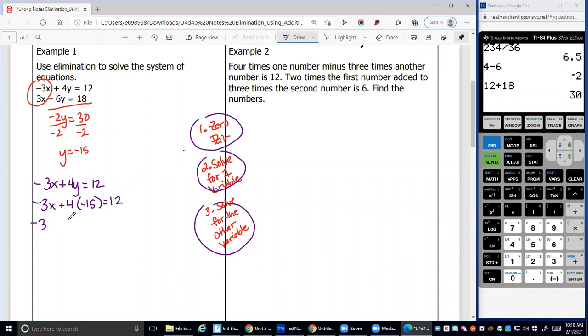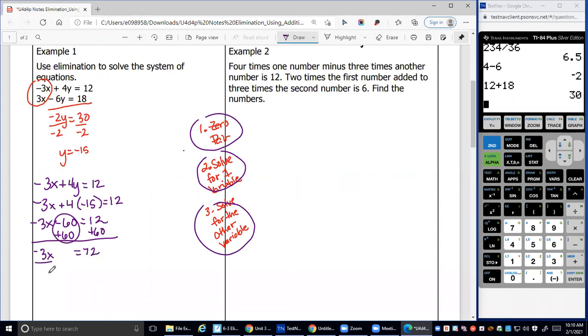That's negative 60. Now, we don't have any like terms on either side. We want to move all of our numbers to one side, all of our variable terms to the other. So I'm going to add 60. I'm going to add 60. And I get negative 3x. That zeroes out. Equals 72.